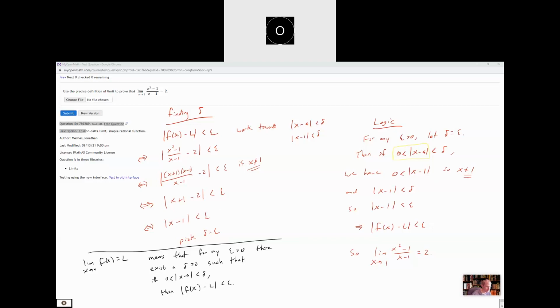And then I look at the other side of things: this is also saying that |x minus a| is less than delta. So this statement is really saying two things, and I'm just writing those as two separate things. If 0 is less than |x minus a|, that means that x is not 1. And if |x minus a| is less than delta, that means that |x minus 1| is less than delta. And I can continue on from there. Since delta is equal to epsilon, that means that |x minus 1| is less than epsilon. And then following my steps backwards, I get |f(x) minus L| is less than epsilon. Okay, yeah, that makes sense. Well, thank you so much. Okay, sure.